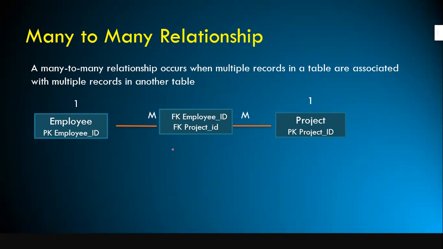It is also called as a bridge table. Bridge table or joining table. In the last session, we discussed about factless fact table. In the case of star schema, we call this a factless fact table.